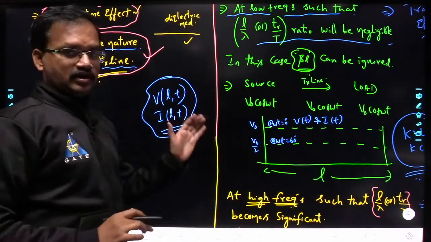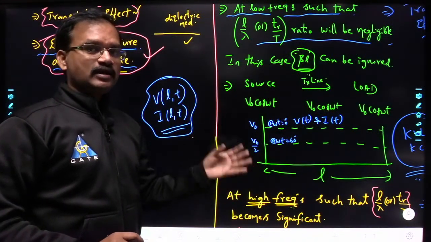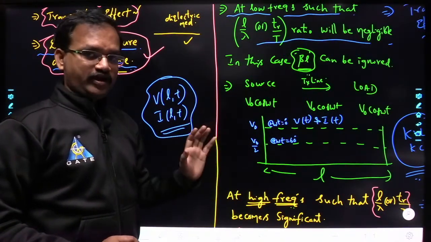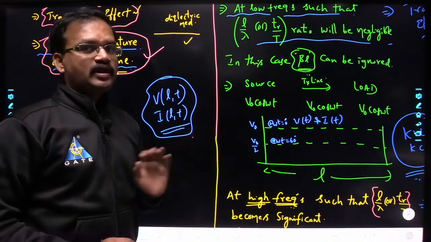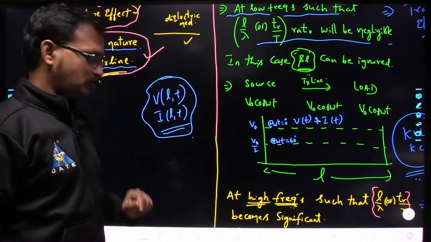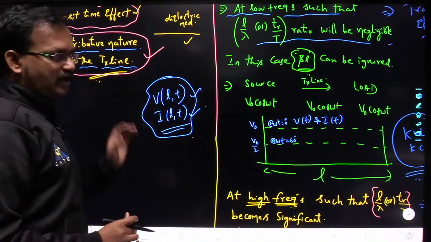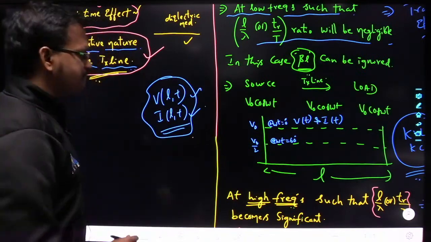So whenever we are dealing with a transmission line, we consider that the L by lambda ratio, or transit time to period ratio, will be significant, and beta L is also significant. Understood? That is why voltages and currents become functions of space and time throughout our transmission lines. Understood?